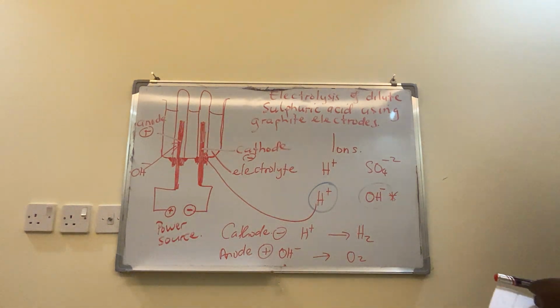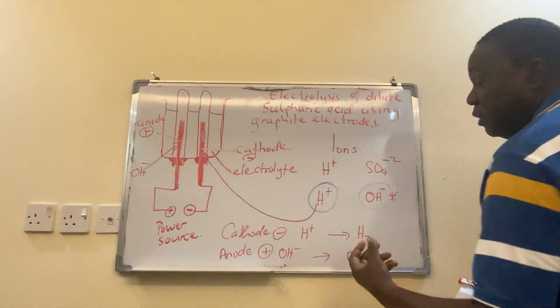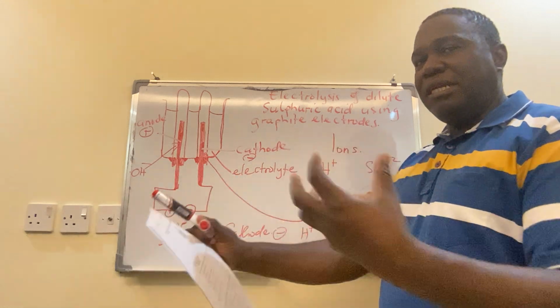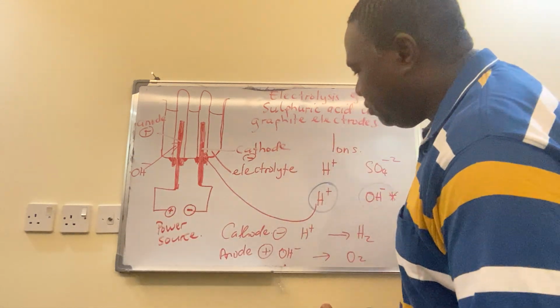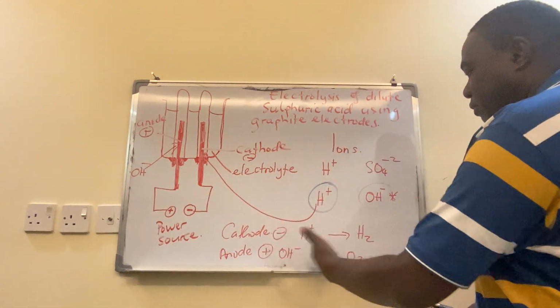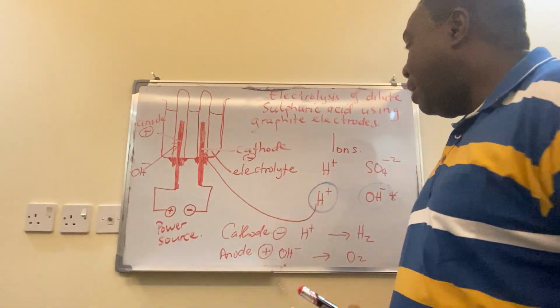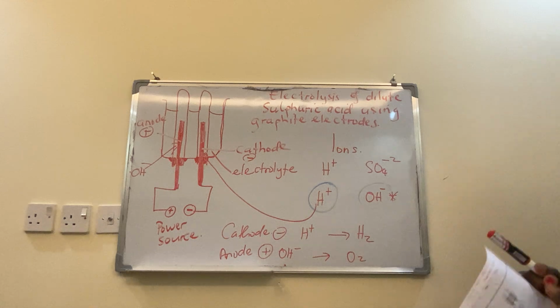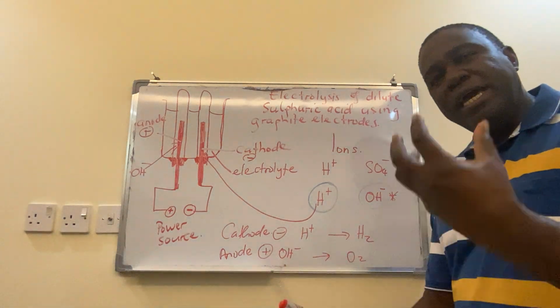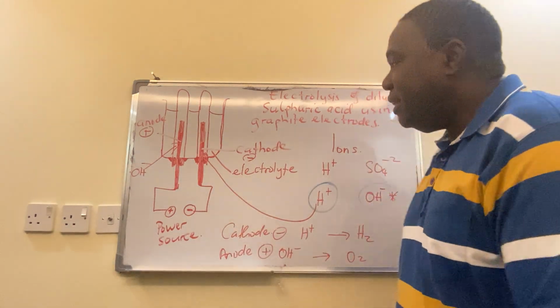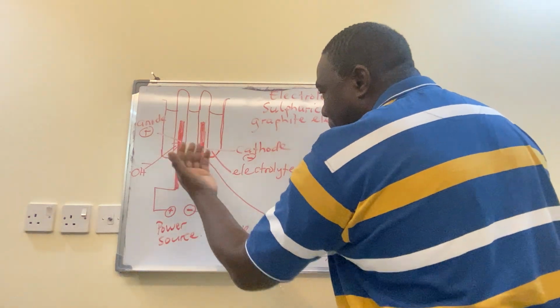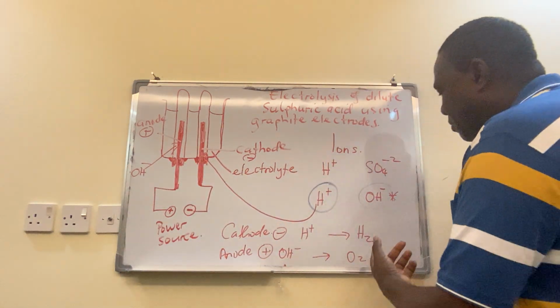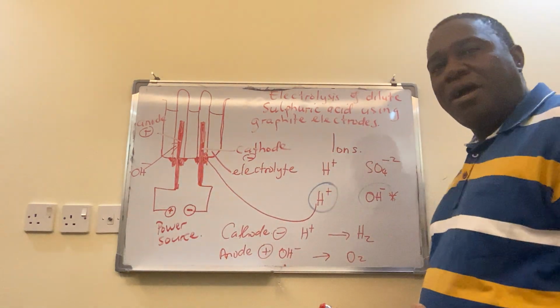There is actually an equation that you're supposed to know, especially if you are doing the extended curriculum of chemistry 0620. You are supposed to be in a position to write the equation for the discharge of the hydroxyl ion to produce oxygen. So as this process is taking place, there will be bubbles produced here, there will be bubbles produced there. Bubbles of hydrogen, bubbles of oxygen.